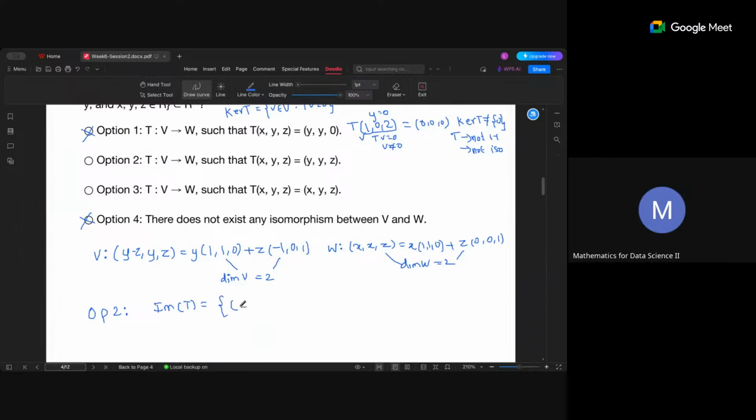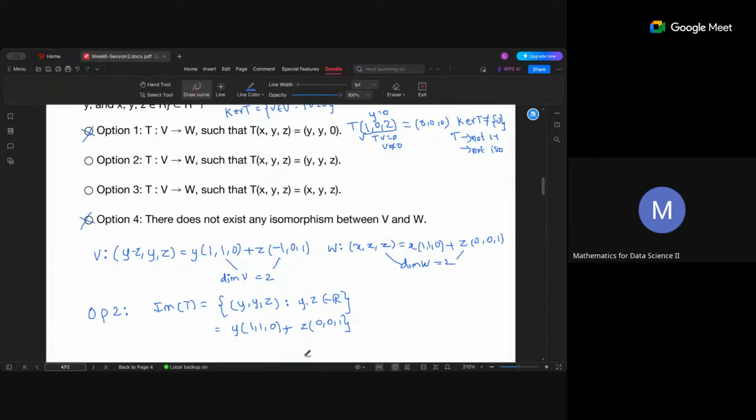Set of all y comma z such that y and z in R. This is the image, am I correct? Yes, ma'am. Now you see that this is y times of 1, 1, 0 and z times of 0, 0, 1. Is it same as this?